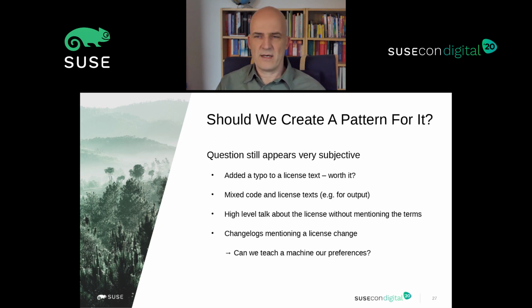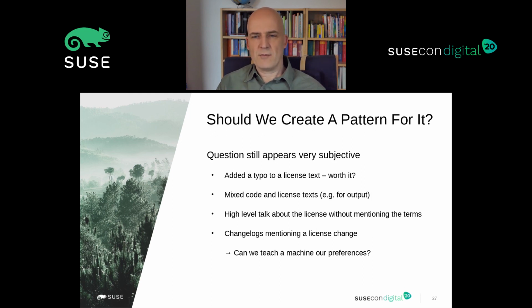It's in a gray area. Or, for example, in an FAQ discussing the license, is this a legal text, or is this just a document that has no legal obligation? And changelogs that mention that the license was changed in the past, is this a yes or a no? These are the gray areas, and there are certainly more.